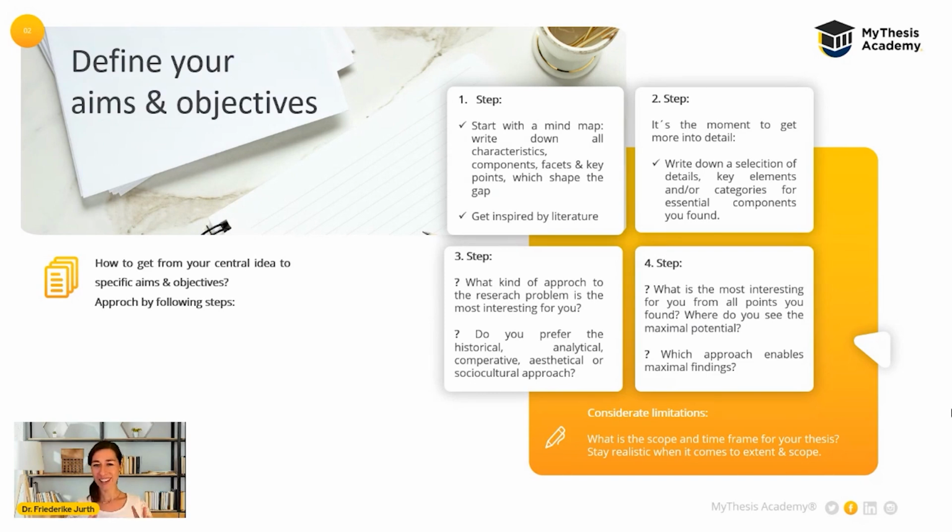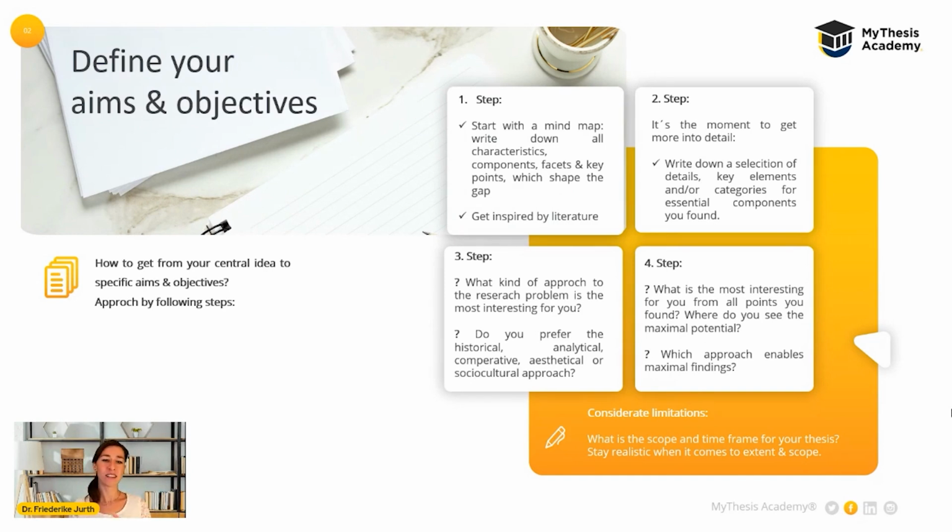First, once again, start with a mind map. I like mind maps and possibilities of visualization because you get a closer idea than if you just play with the ideas in your mind. It's very helpful to have a paper or even to do it with a computer, whatever you like, whatever you want or prefer.